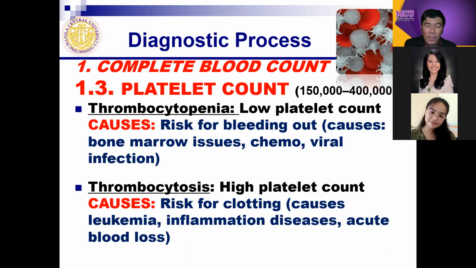So if you are suspecting a problem with leukemia, check nyo na yung platelet count. Pag mataas din yung platelet count, mag-suspect na kayo of problem with leukemia. So the client will be subject for the test specifically to specify problem with leukemia.